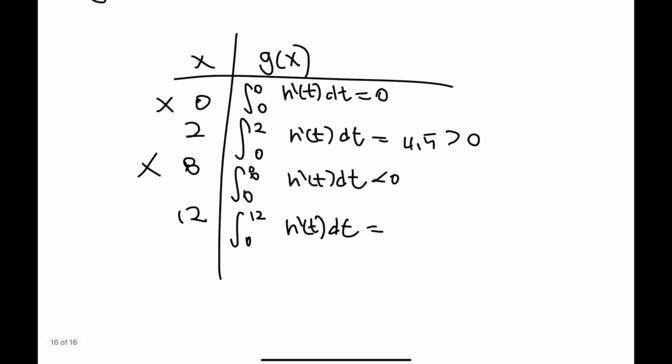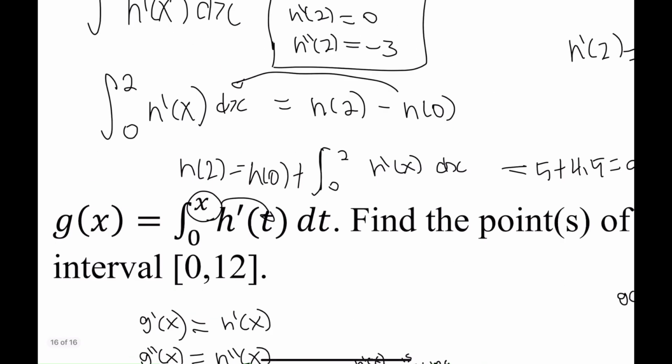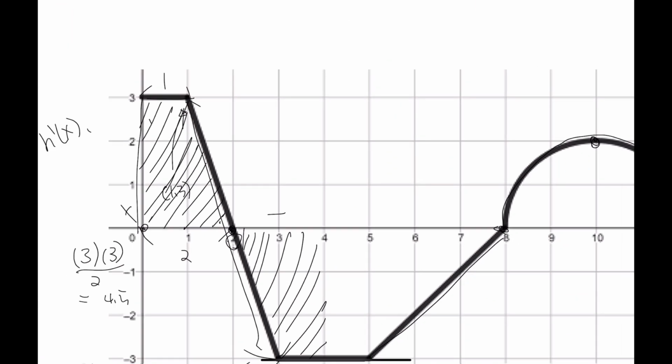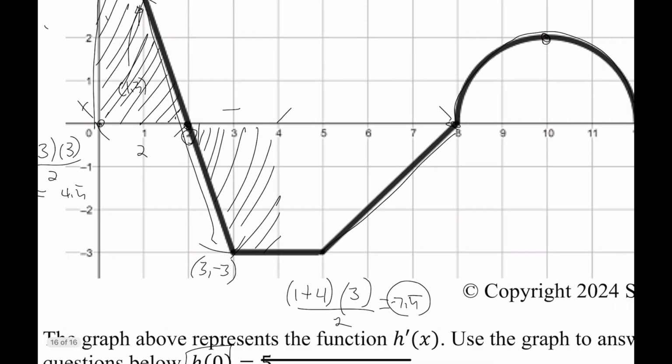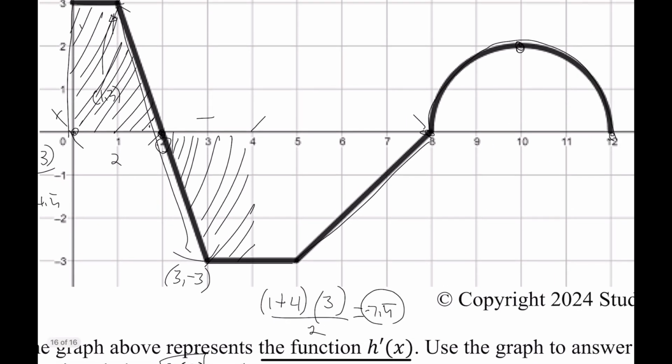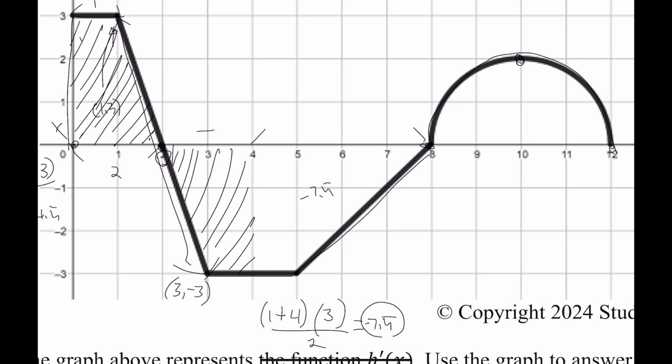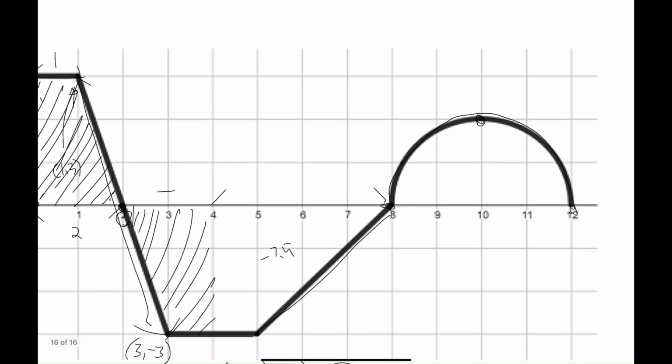And then 0 to 12 of h prime of t. Let's see. We just cancel this one out, and then let's try to find the area of this. 1 plus 4 times 3 over 2, that's 7.5 negative. Okay, so yeah, that's right. Negative 7.5 right here. And then we also have a semicircle. So the radius is 2.